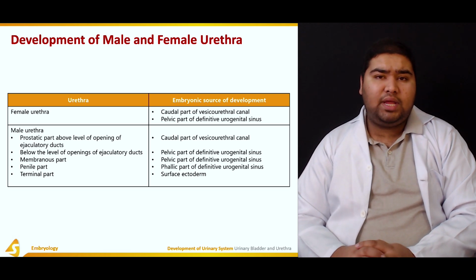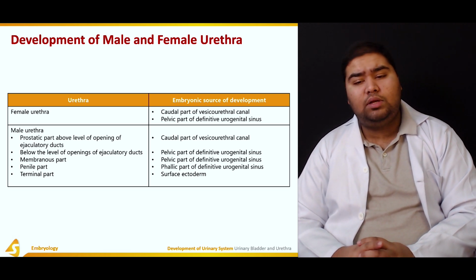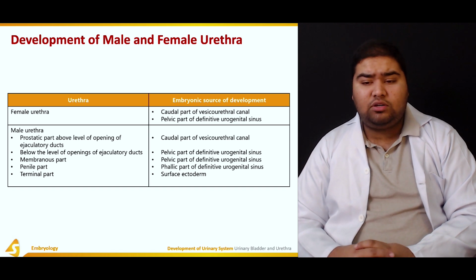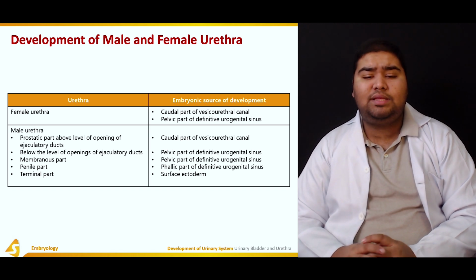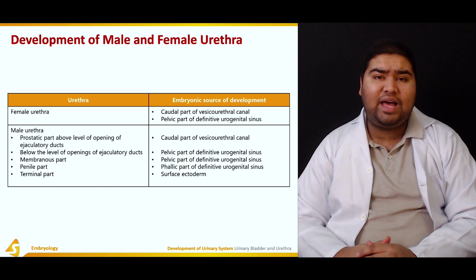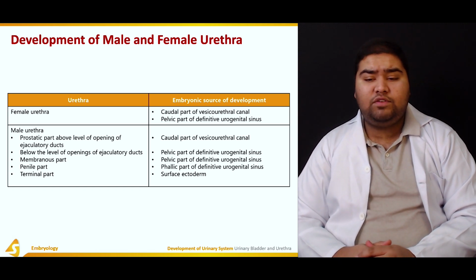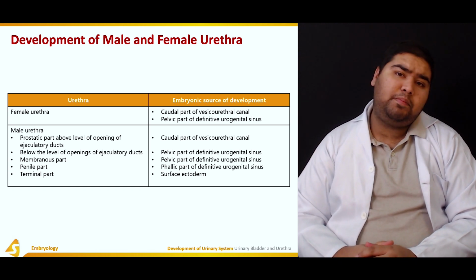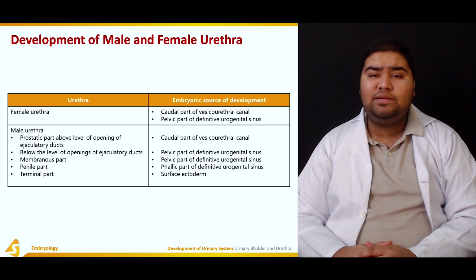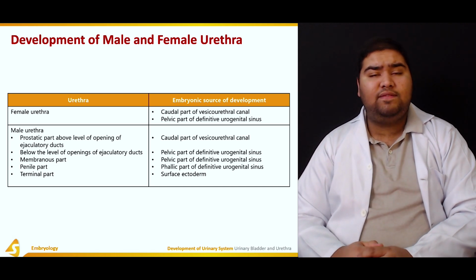Then we have the membranous part of the urethra. It also originates from the pelvic part of the definitive urogenital sinus. The penile part originates from the phallic part of the definitive urogenital sinus, and the terminal part, which lies in the glans penis, originates from the surface ectoderm.